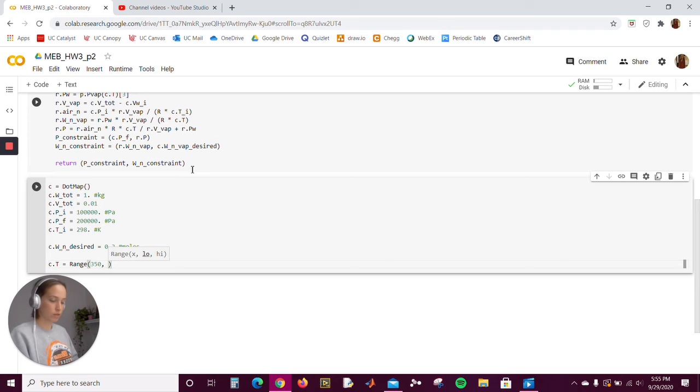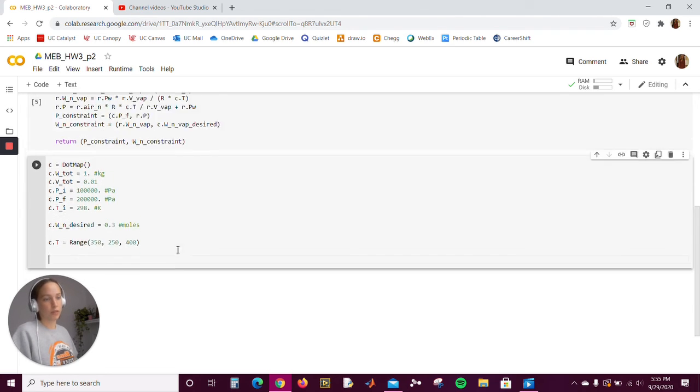Our lowest guess, or our minimum value, would be like 250. Pretty cold. And then our top one can be 400.